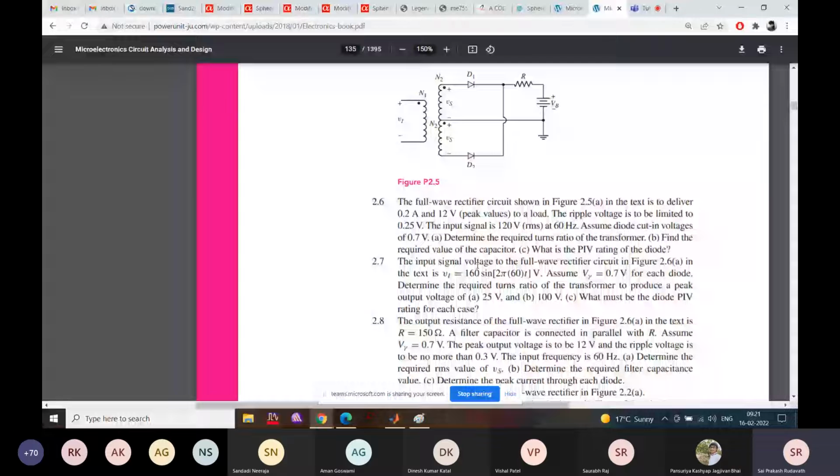Have you found the capacitor value? Part B. Anyone?